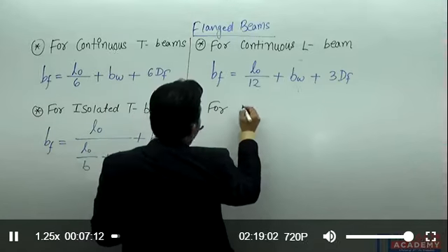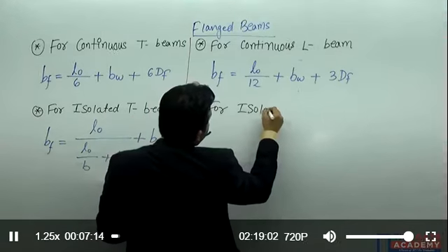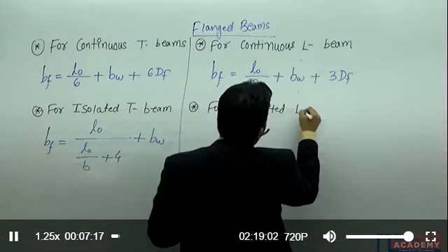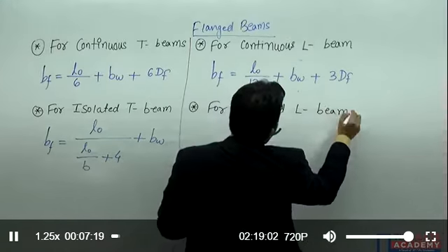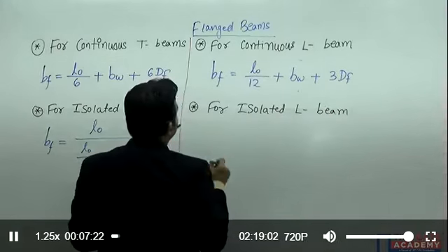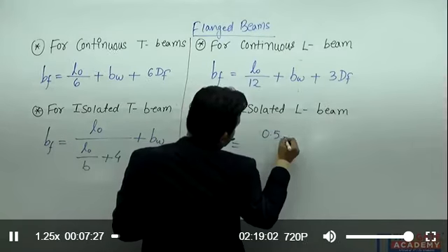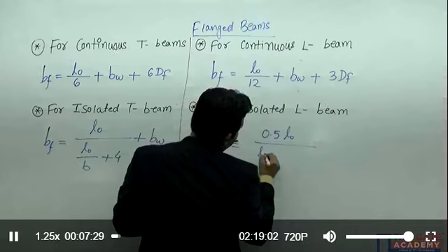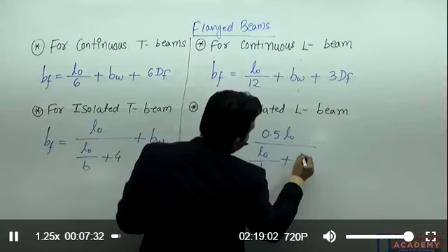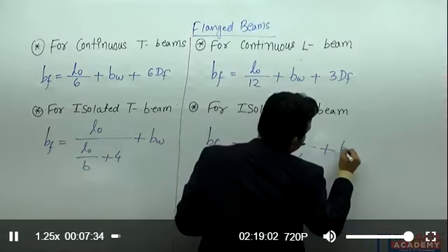And for an isolated L-beam, the width of flange is given as bf = 0.5 L0/(L0/b + 4) + bw.